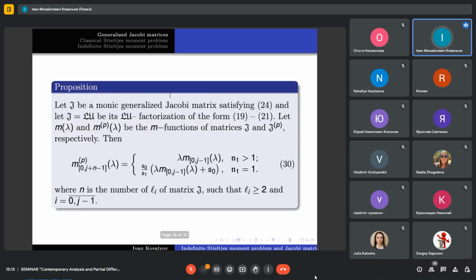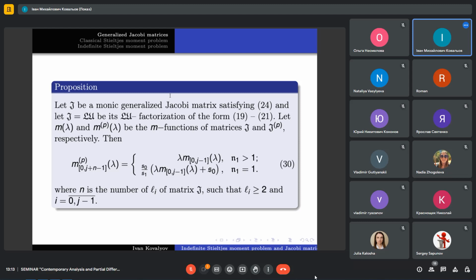Moreover, the M function transform is given by formula 30, you can see in the following slides.